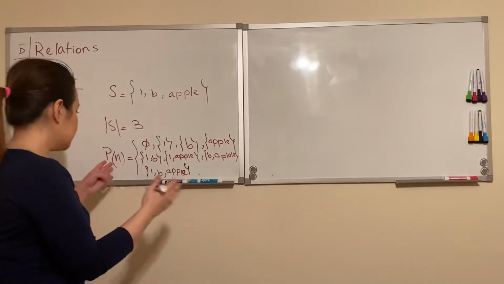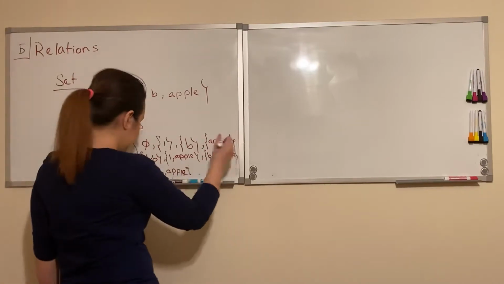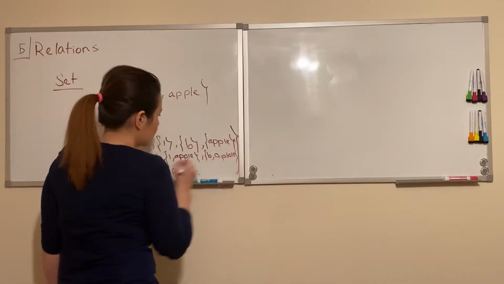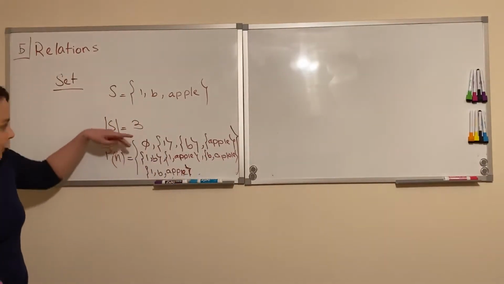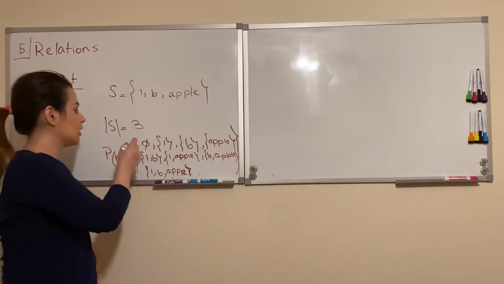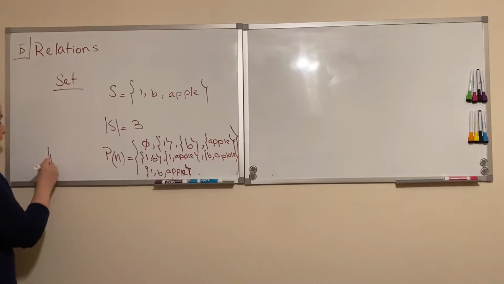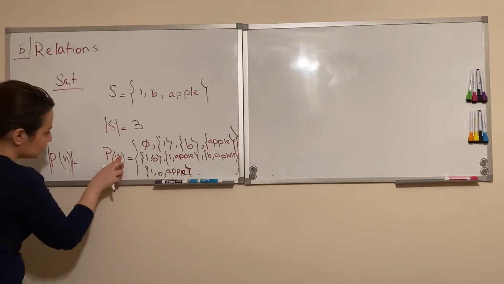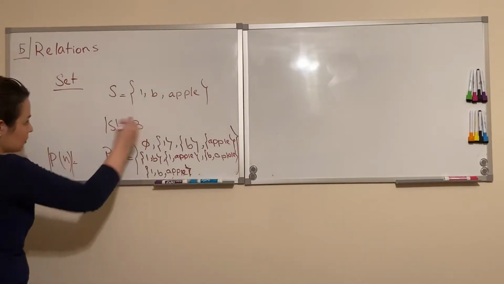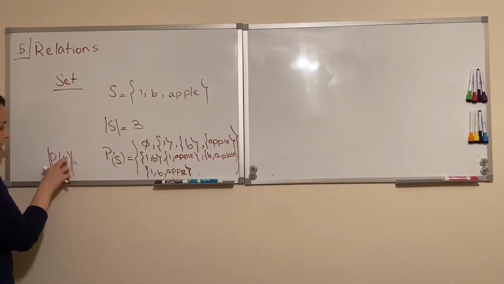So what we see here is that I have all of these, which is 8 subsets. So if I want to talk about the cardinality of P of S, because it is the power set of S, the size is equal to 8.